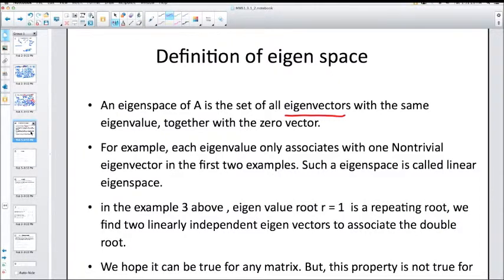So what we hope is when you have n equals 3, you have n independent eigenvectors. If n equals 2, you get 2 independent eigenvectors. N equals 4, you get 4 independent vectors. Then the space completely equals the dimension you start with.